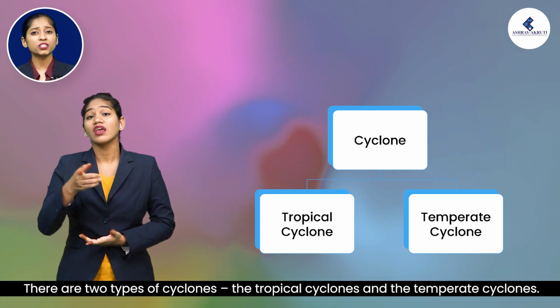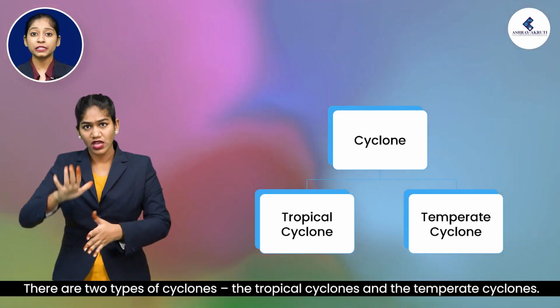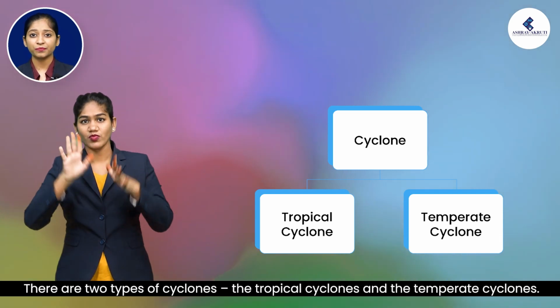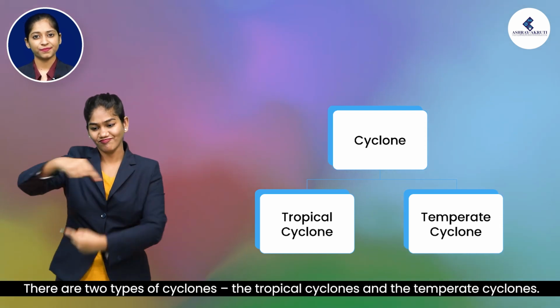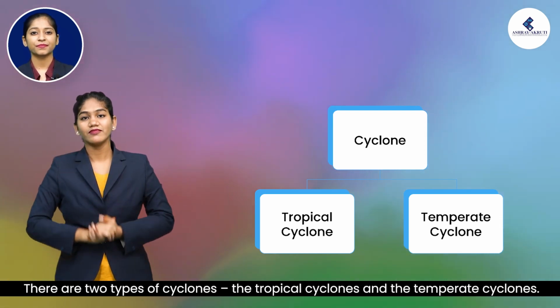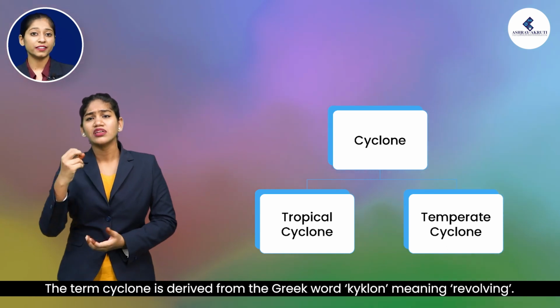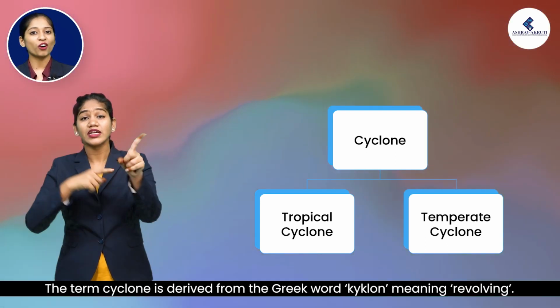There are two types of cyclones: the tropical cyclones and the temperate cyclones. The term cyclone is derived from the Greek word kyklon, meaning revolving.